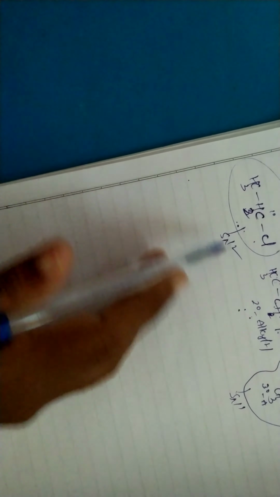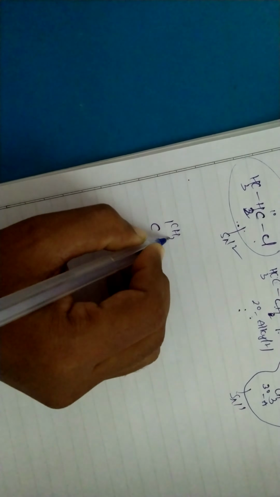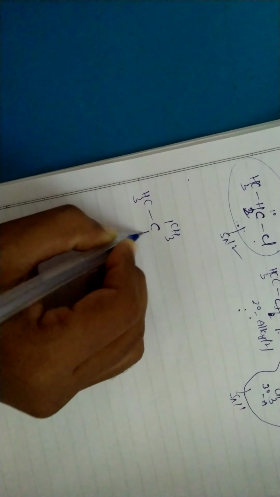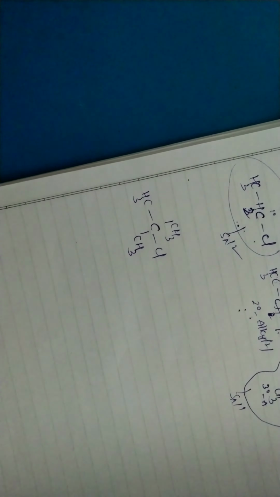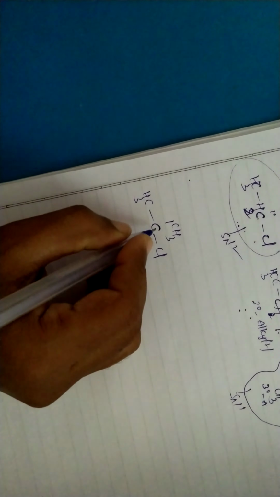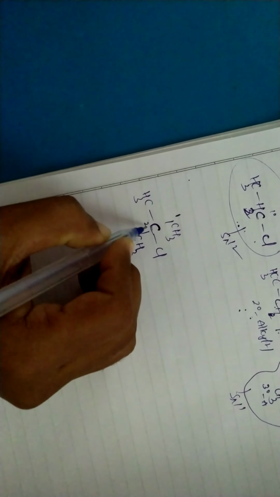Now we have to take a tertiary alkyl halide. For example, I am taking here CH3, CH3, and CH3Cl. Here we can number the carbons 1, 2, 3.